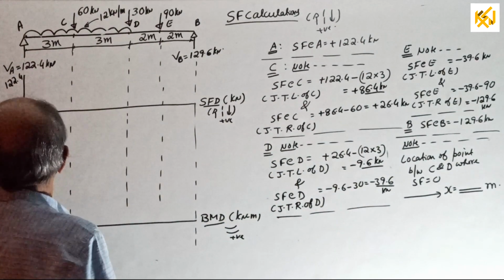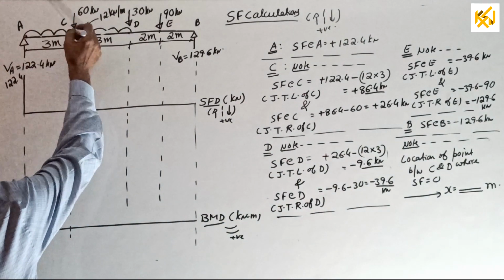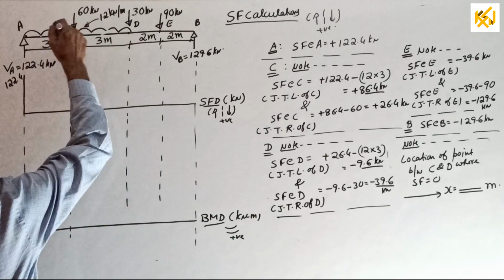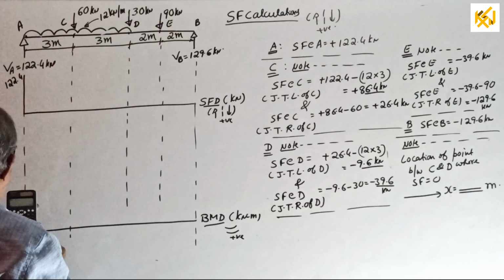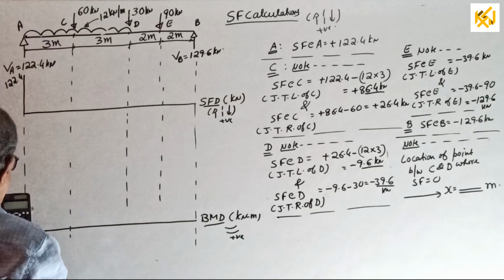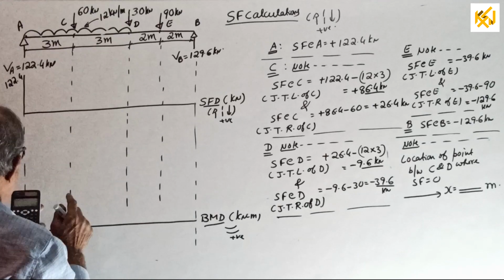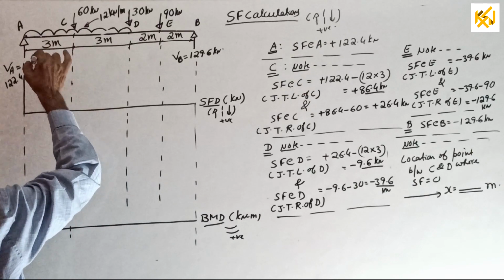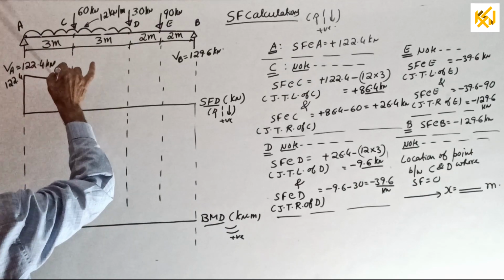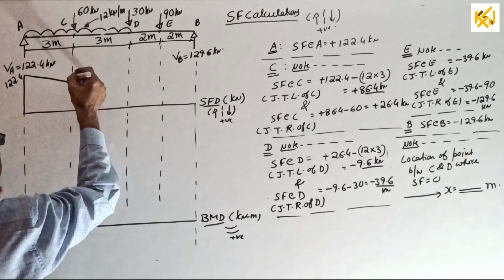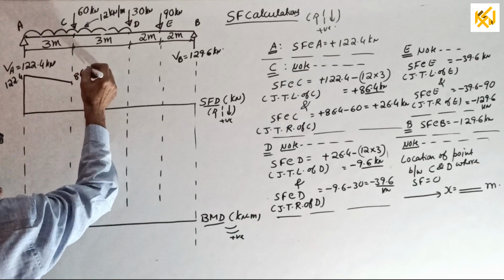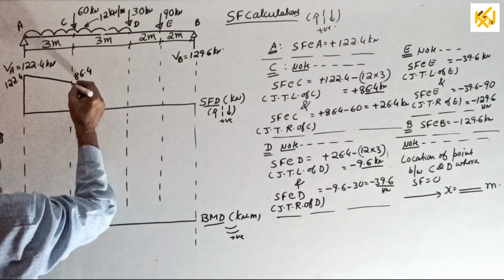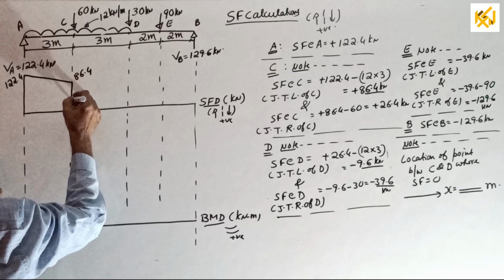Okay, then from here to here, come down by 12 into 3. So 122.4 minus 12 into 3 will give 86.4. See, only 36 drop, not too much drop. Come down by 60. Severe drop now compared to earlier.